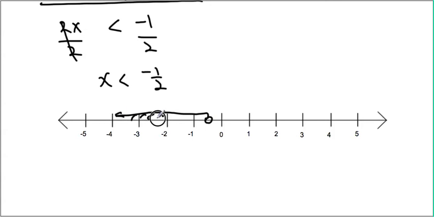So that becomes our answer. Alright, let's move on to the next question.